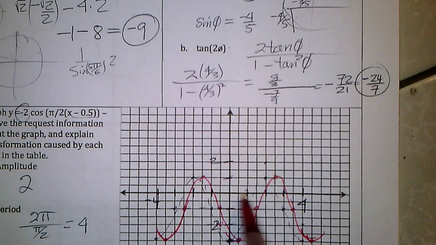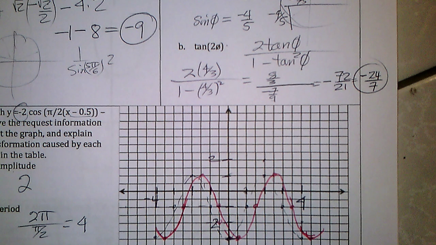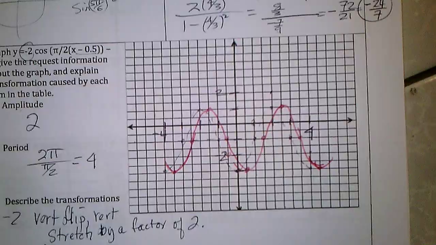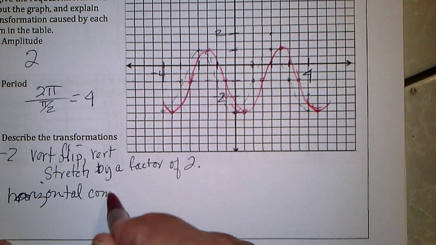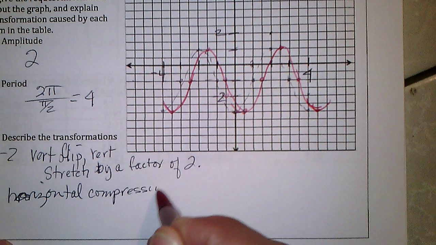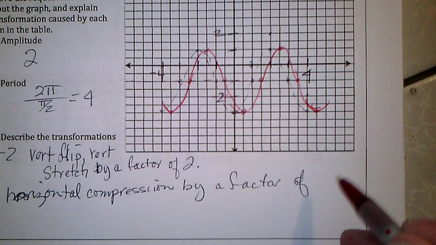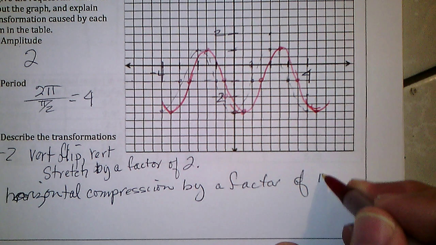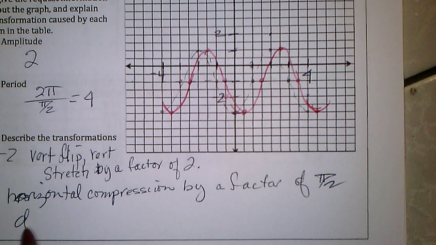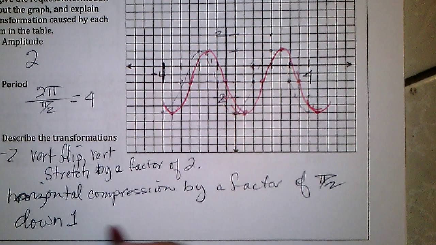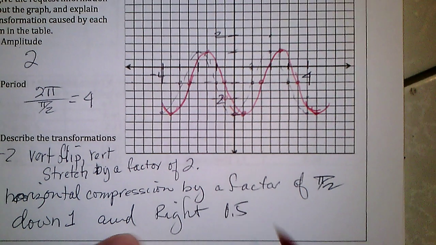You notice the period is 4 instead of 2 pi, which is 6, so it's a horizontal compression by a factor of pi over 2, and it's down 1 and right 0.5.